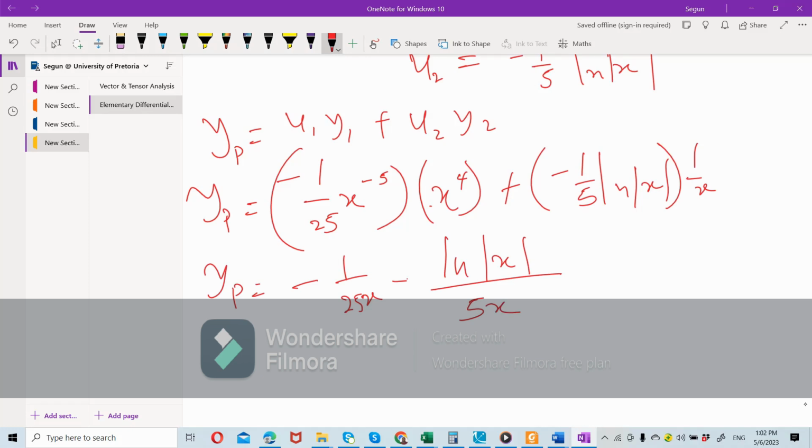So the final answer in this case will be y equals yc plus yp, which is the same thing as C1 x^4 plus C2 over x, minus 1 over 25x, minus ln absolute value of x over 5x.